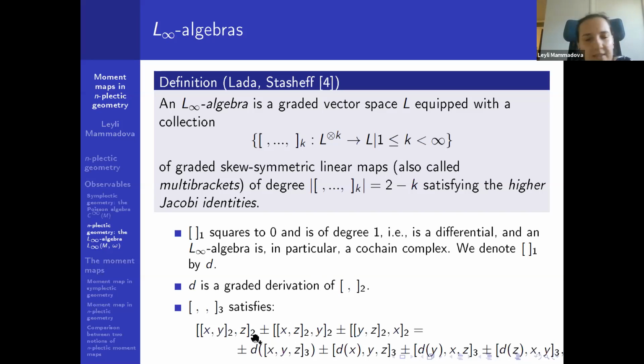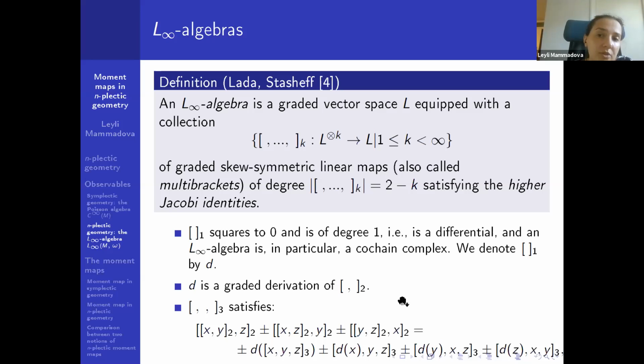So the third identity tells you that the following holds. But what do you see here? If you just look at the left-hand side, you will see the left-hand side of the Jacobi identity of Lie algebras. But on the right-hand side, you will not see 0.